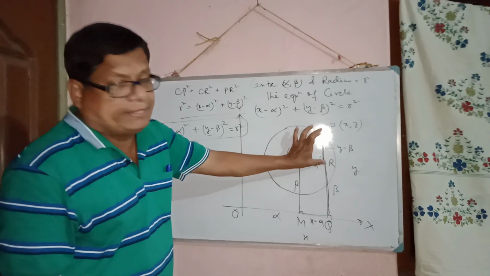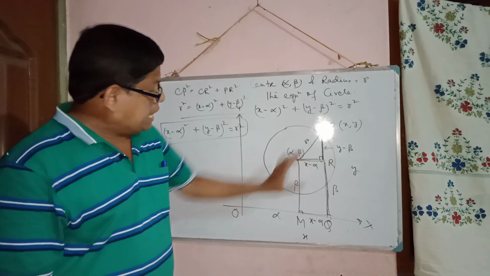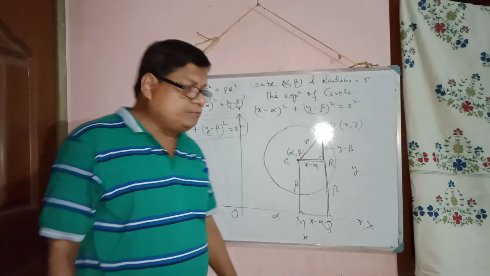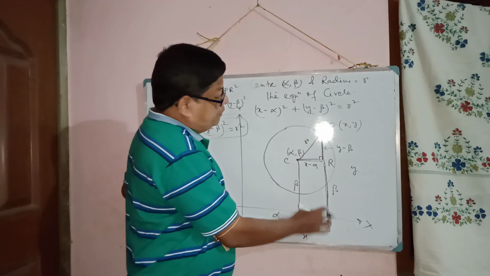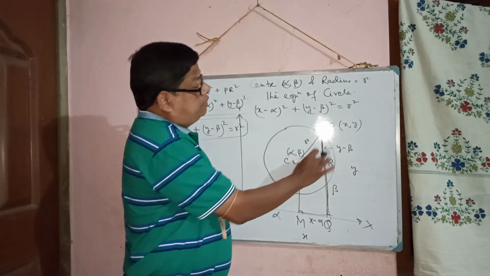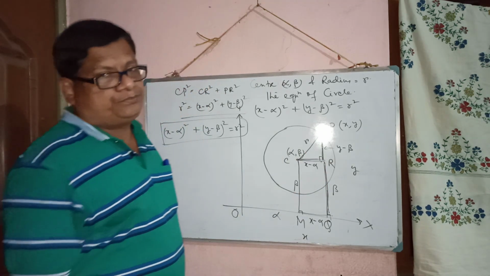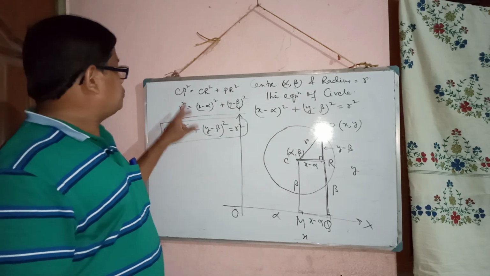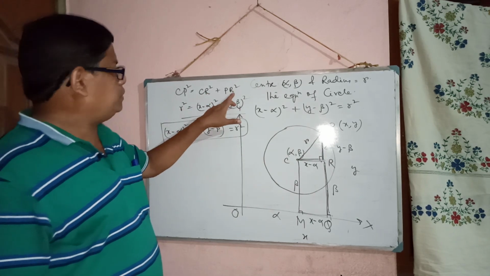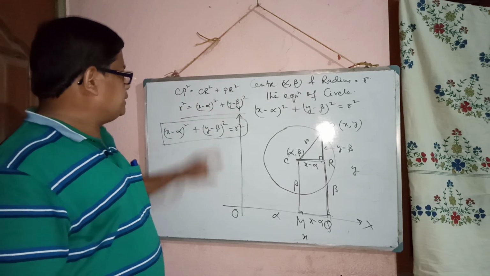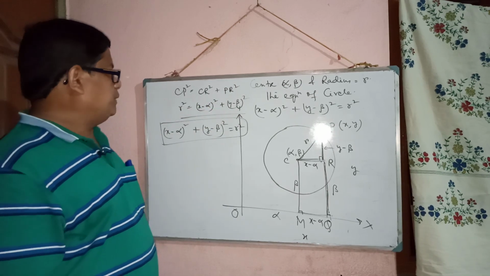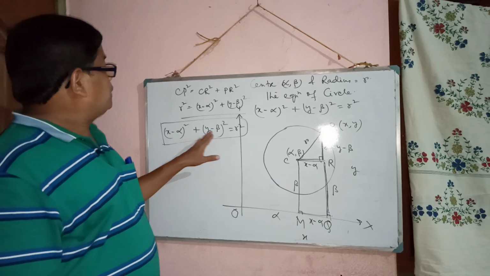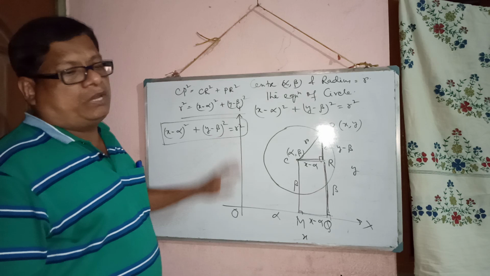Here OQ is x, so MQ will be x minus alpha. Consider this triangle, CP square equals CR square plus PR square, then r square equals x minus alpha whole square plus y minus beta whole square.